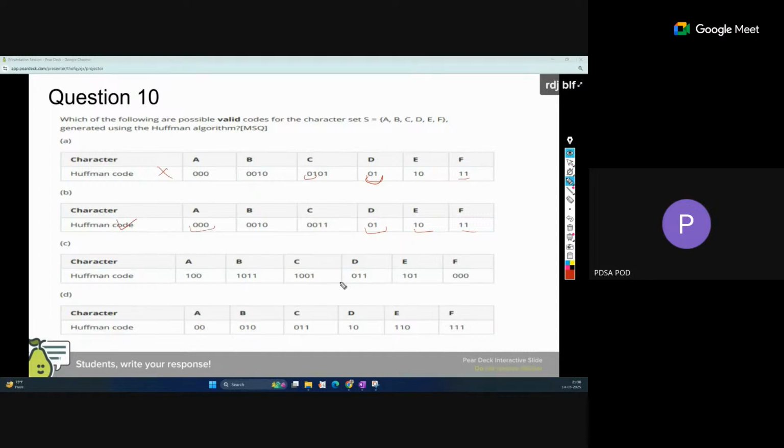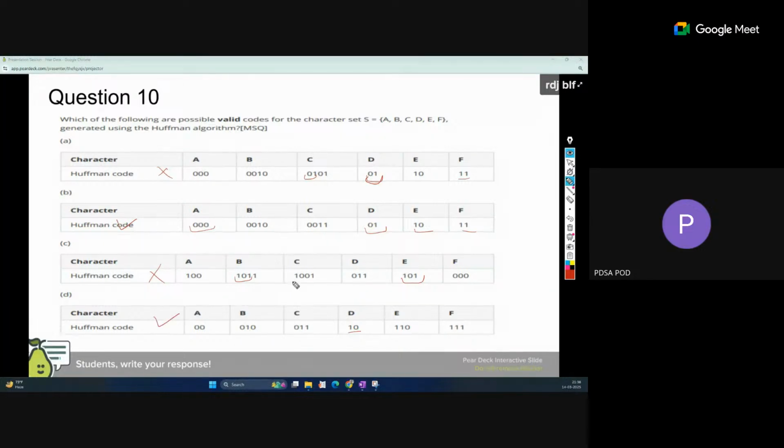And here 1 0 1, you can see this is coming as a prefix, so this is also not valid. 0 0 is not coming as a prefix, 1 0 1 0 is also not coming, so this is also valid.